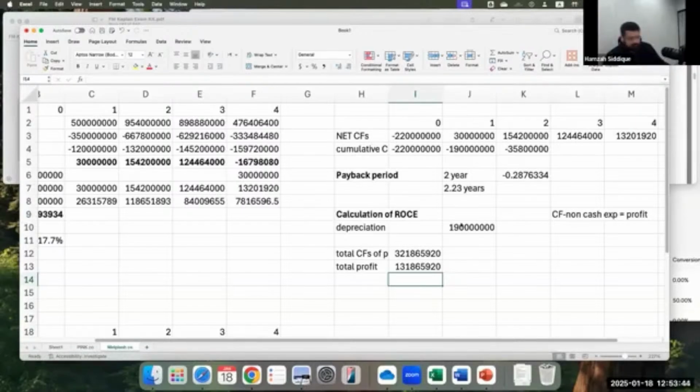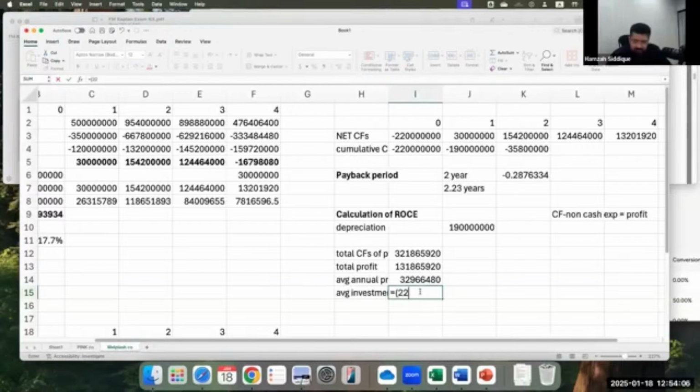Now, average annual profit: total profit divided by number of years. Average investment: initial investment 220 million plus scrap value, divided by 2.